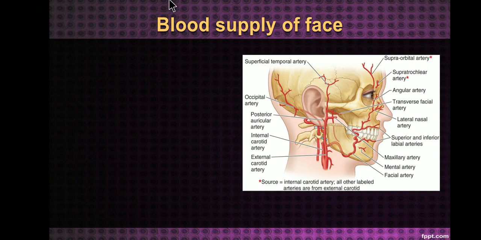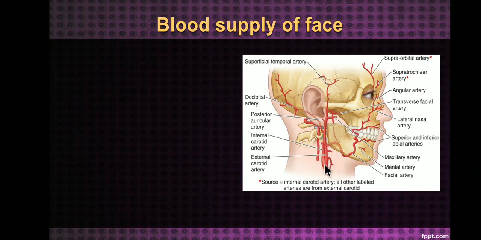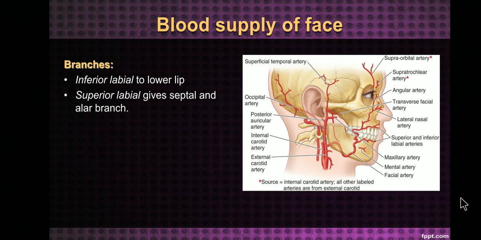So the branches of the facial artery in the face, in the neck it also gives branches, but in the face it mainly gives the inferior labial branch to the lower lip. Then the superior labial branch. The superior labial branch gives a septal branch to the nasal septum and an alar branch to the side of the nose.